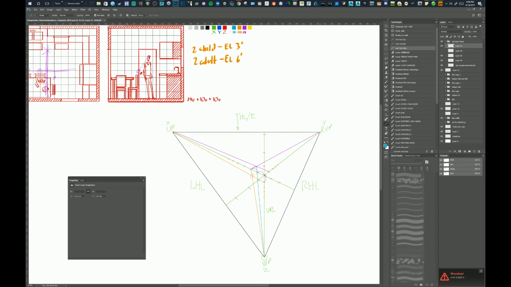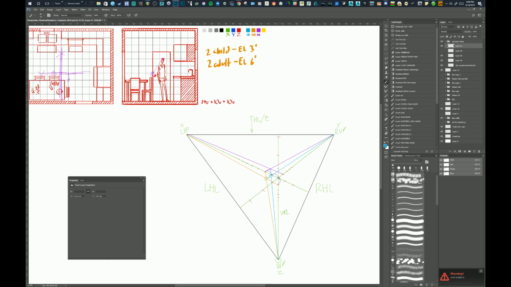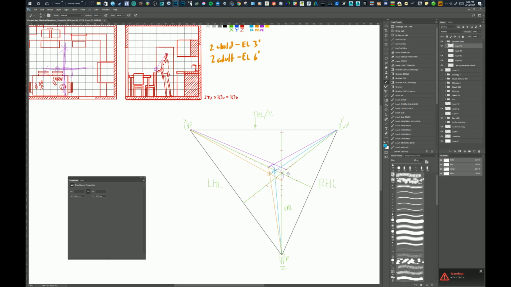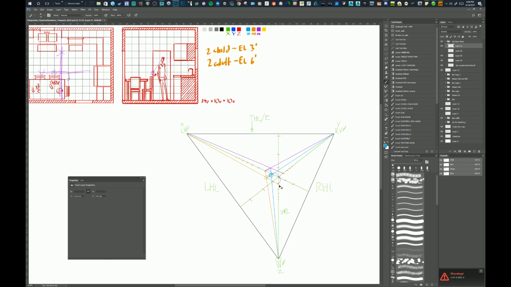And then now where these two connect, this is the front corner of my table because it is 1 unit to the right, 2 units to the left, and 1 unit down. We have to triangulate these things.